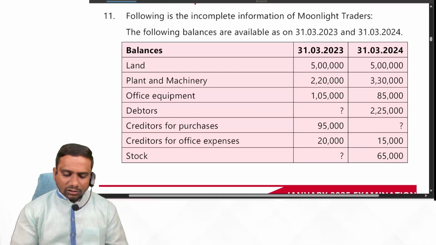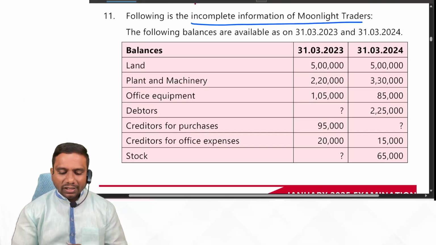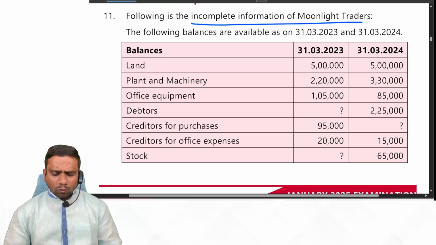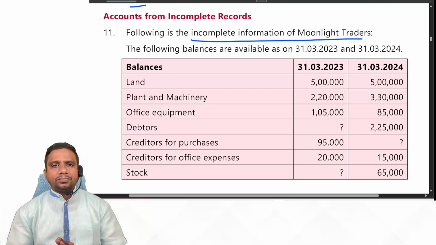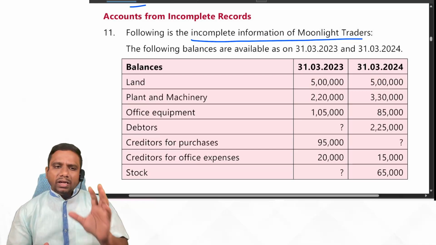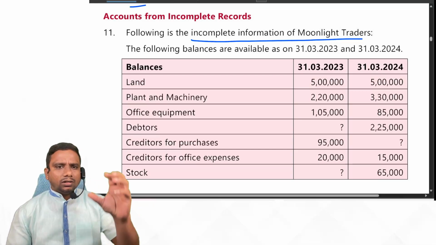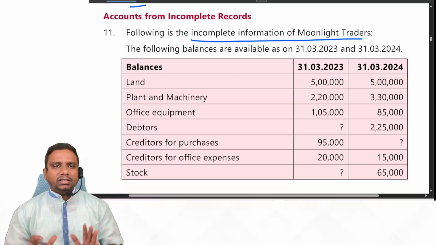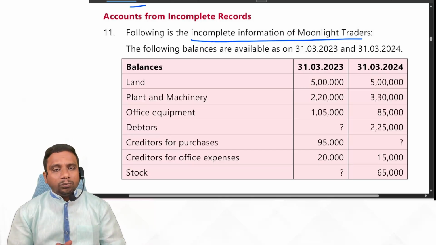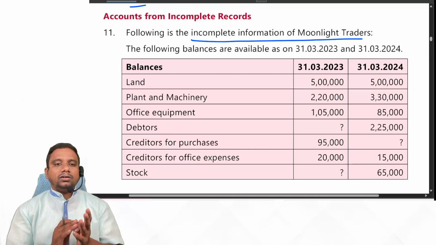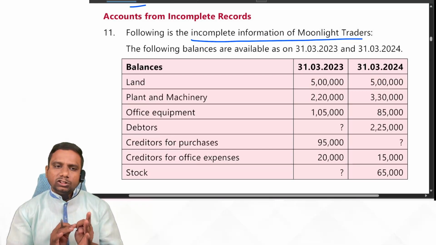Now, following is the incomplete information of Moonlight Traders. Sir, what is the strategy to solve this incomplete records problem? Well, mainly the requirement is the trading account, profit and loss account, and balance sheet. Apart from these, compulsorily prepare the debtors account, bills receivable account, creditors account, and bills payable account.